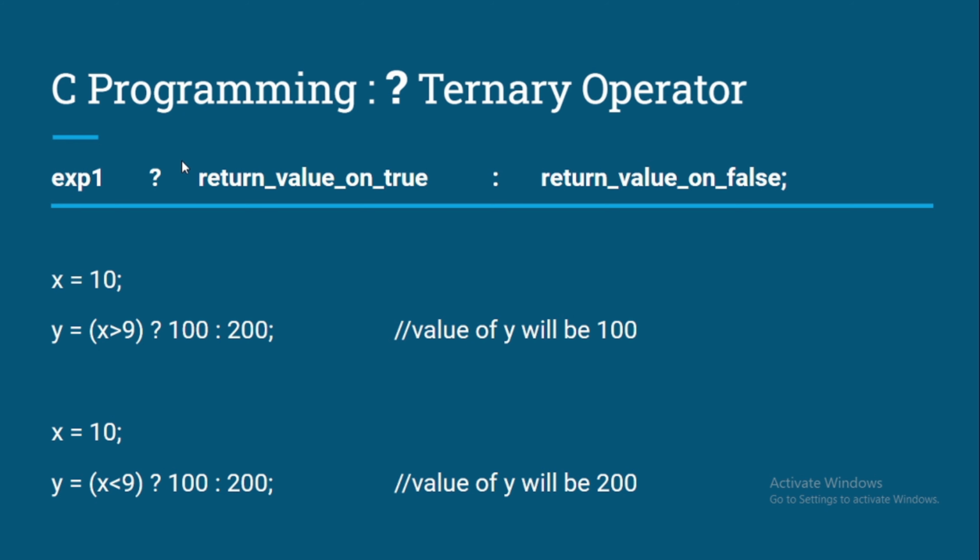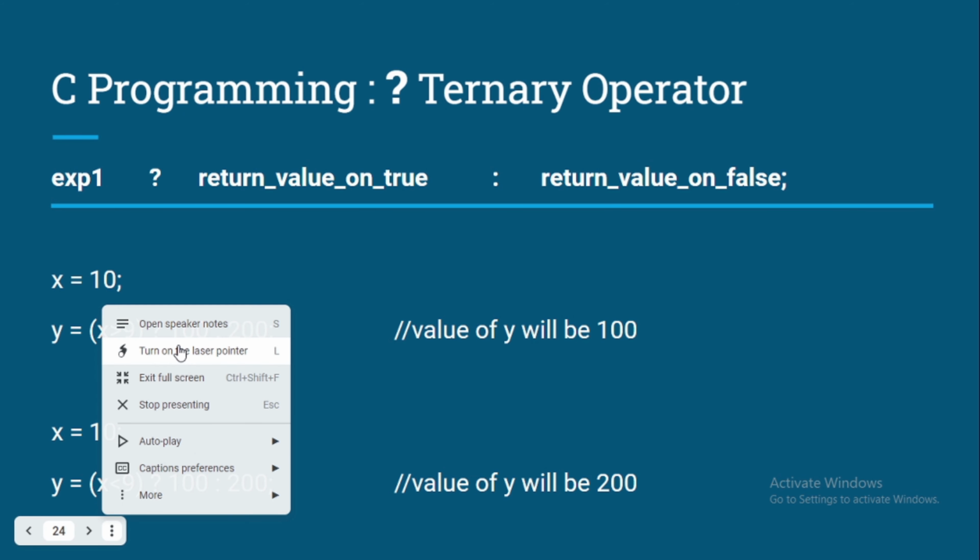So we have the syntax here, like we have one expression where we have a condition basically. In the condition, as we all know, there are two possible outputs, true or false. Then we have a question mark, then we have two sections. One section is before this colon and another section is after that colon.